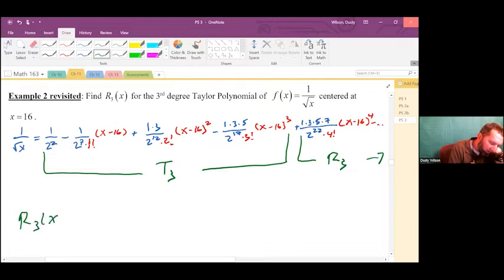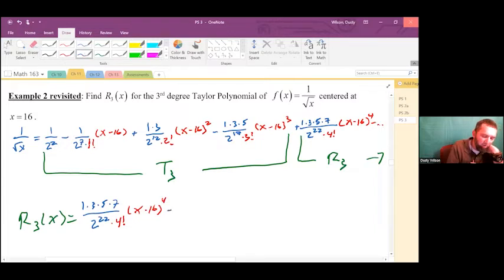R3 of x will equal, the first term is going to be 1 times 3 times 5 times 7 over 2 to the 22nd power times 4 factorial times (x minus 16) to the fourth power.